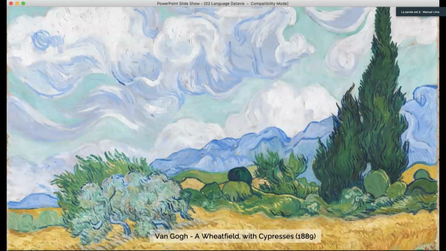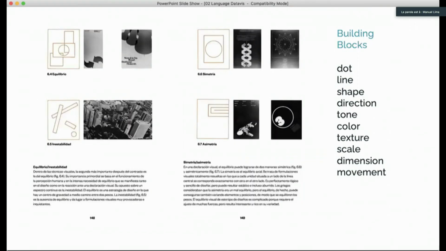And she observed and researched various types of pieces, from painting to graphic design, etc. And she understood and wrote down what these building blocks actually were. She wrote that it was primarily the dot, the line, shape, direction, color, texture, movement.